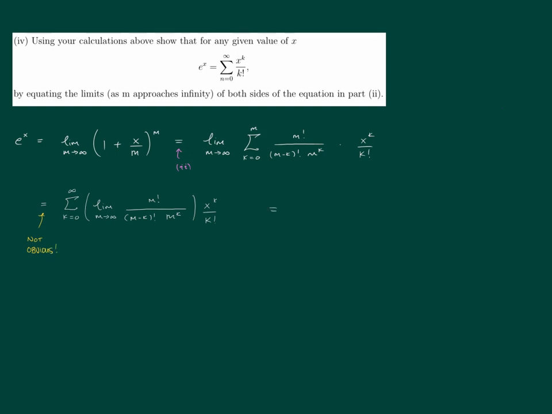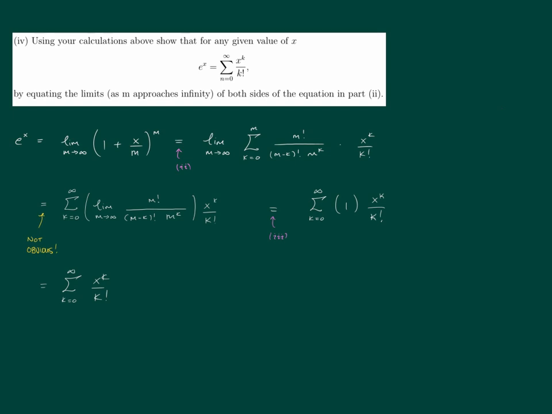This is equal to, by part 3, that limit I have in brackets is just 1. So this is the sum from k equals 0 to infinity of 1 times x to the k over k factorial, which is just equal to the sum from k equals 0 to infinity of x to the k over k factorial.